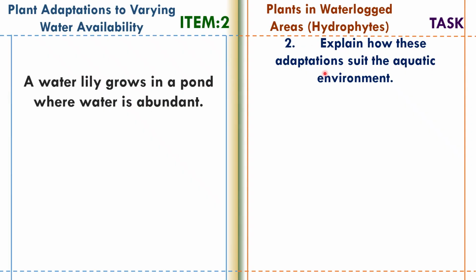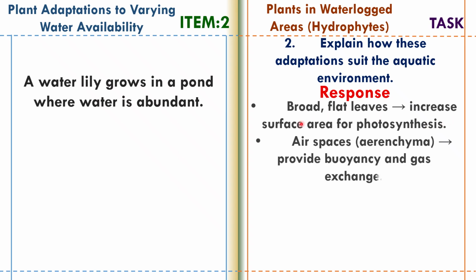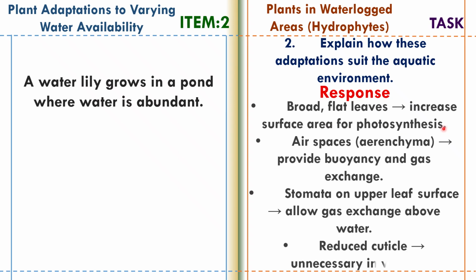Explain how these adaptations suit the aquatic environment. Broad, flat leaves increase surface area for photosynthesis. Air spaces, parenchyma, provide buoyancy and gas exchange.